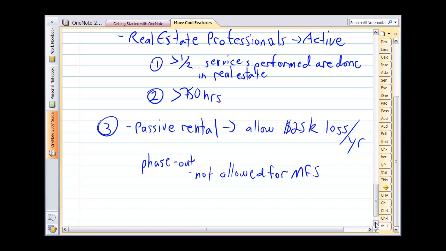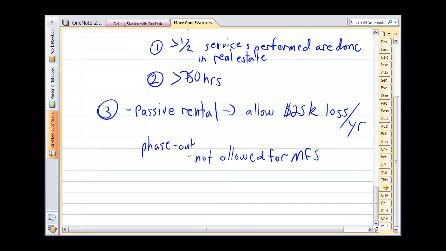But the $25,000 that you normally get as a deduction phases out by 50% of your AGI in excess of $100,000. Okay, so it goes away 50 cents on the dollar for every dollar over $100,000 of AGI.